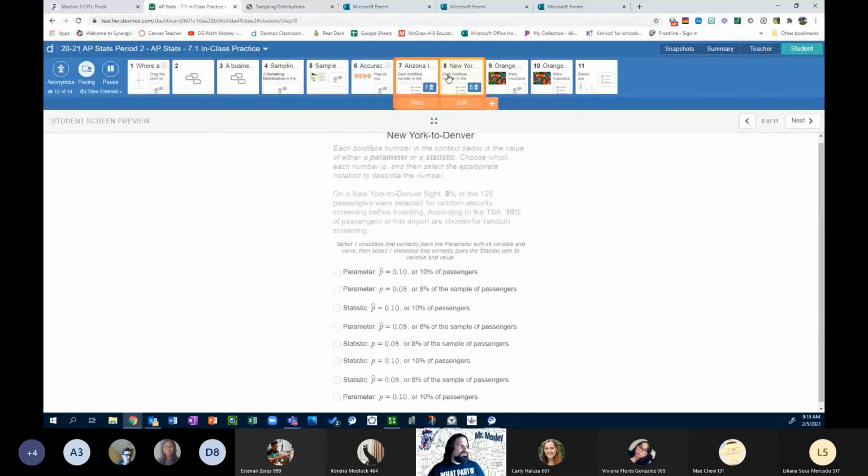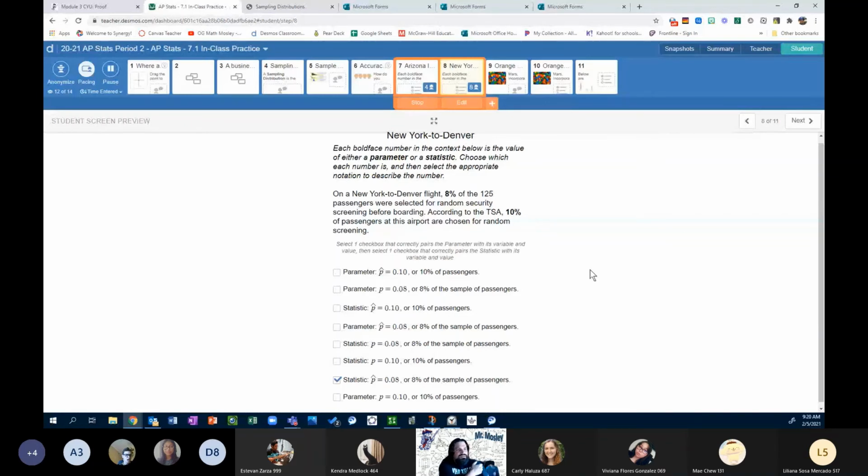In the next problem, on a New York to Denver flight, 8% of the 125 passengers were selected for random security screening before boarding. According to the TSA, 10% of passengers at this airport are chosen for random screening. So that first number, the 8%, is the sample statistic. It is from our sample of 125 passengers. So that will get statistic p hat, right, proportion, so we're using p, of 0.08 or 8% of the sample of passengers. So that is down here.